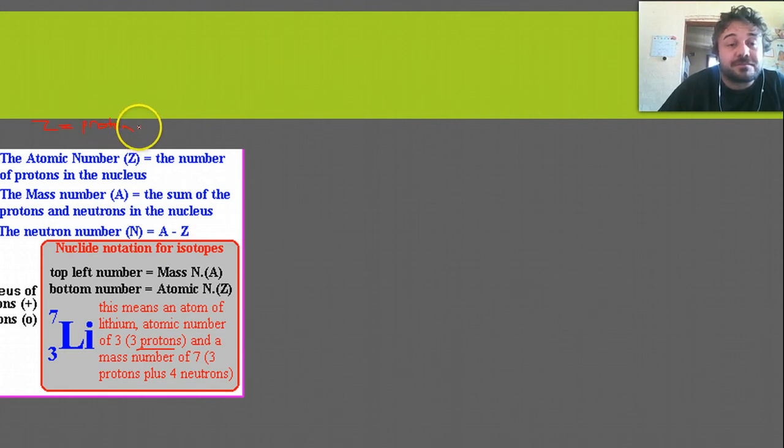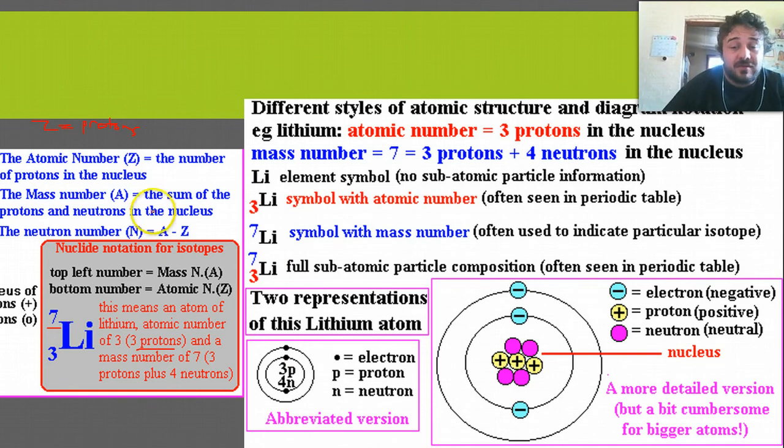Now, because protons have a mass of 1 and neutrons have a mass of 1, and electrons have a mass that we can almost ignore because it's so small, the atomic mass is actually the number of neutrons plus protons, which we'll see over here. So, again, we're still on lithium here.